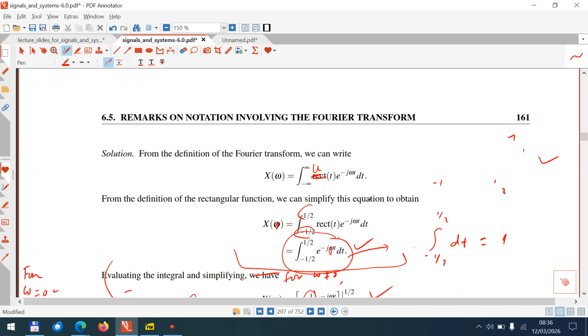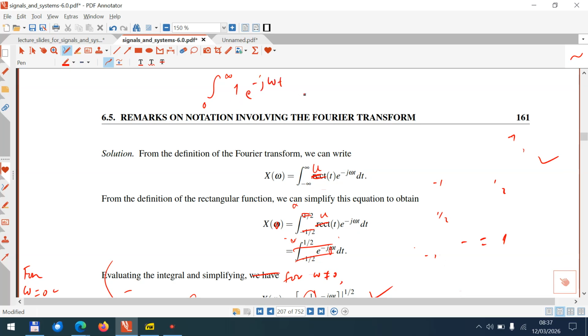So how will this change now? This will become minus infinity to plus infinity, and because u is 0 from minus infinity to 0, the limit will actually be from 0 to infinity, and u of t is 1 there.